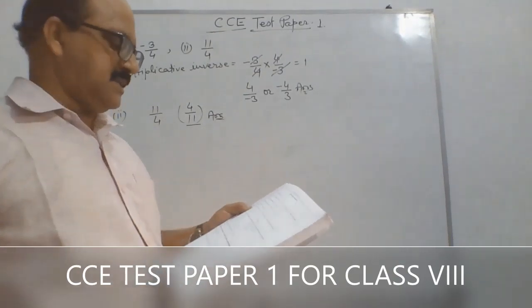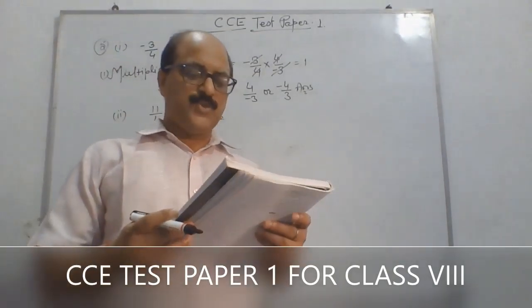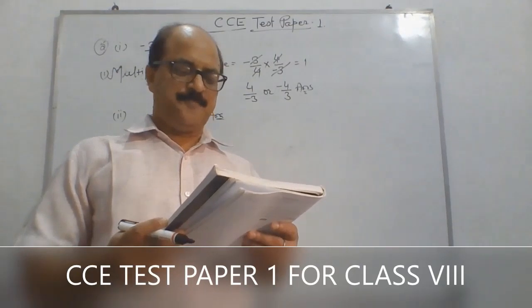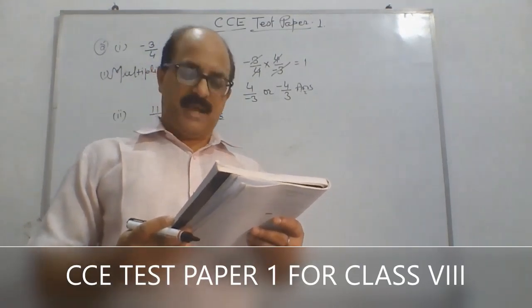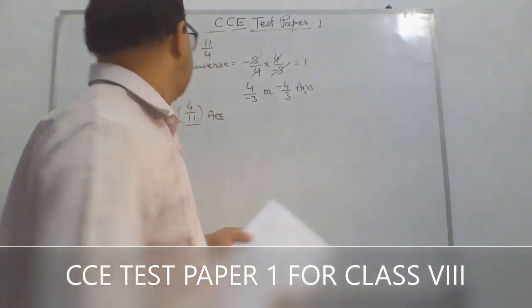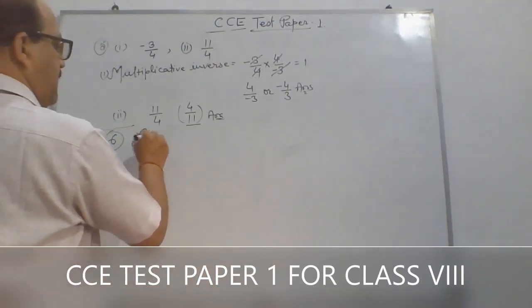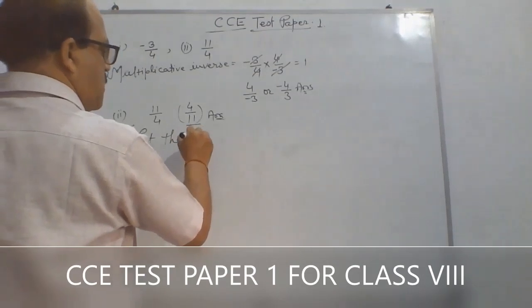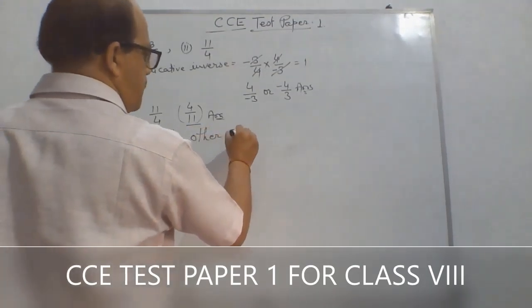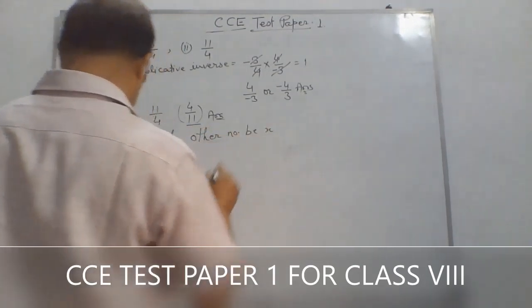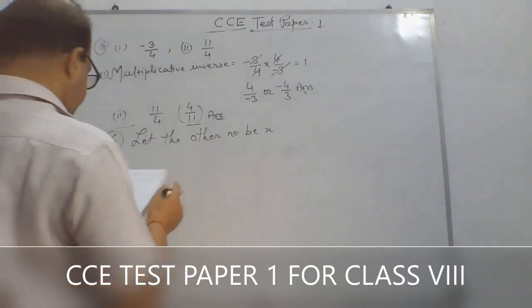In question number 6, the product of two numbers is minus 8. If one of them is minus 12, find the other. Let the other number be x. The product is given.